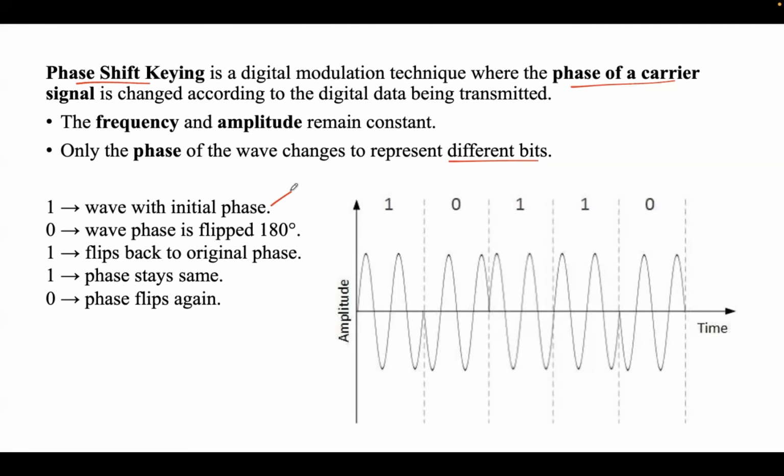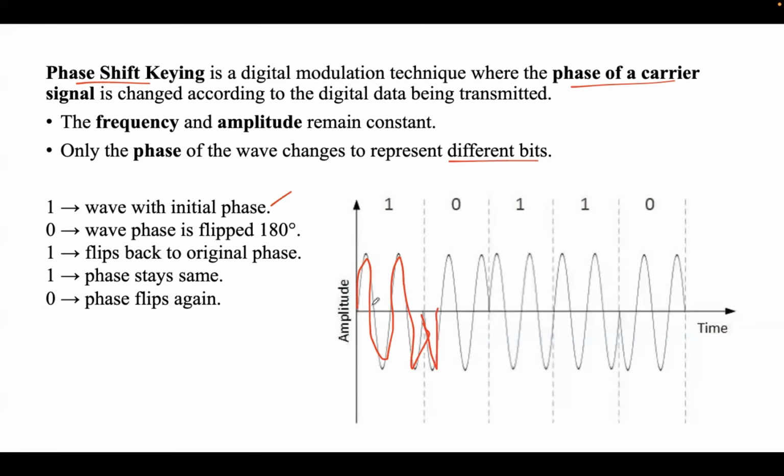say if the input value is 1, then you will find a wave with the initial phase, some sine wave. And when the input value is 0, this wave phase will be flipped 180 degrees. So there will be some kind of inversion or flipping.